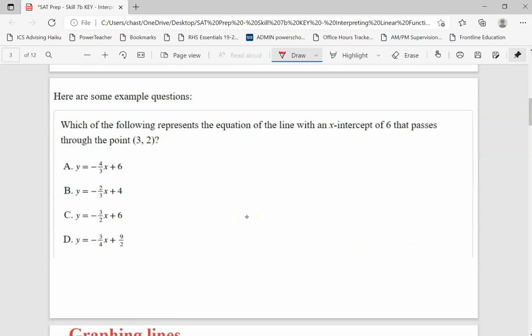Which of the following equations represents the equation of a line with an x-intercept of 6 that passes through the point 3, 2? They tell us the x-intercept is 6. X-intercepts happen when y equals 0. Okay, so you'll notice that they give us a point, so we're going to use our point slope form.